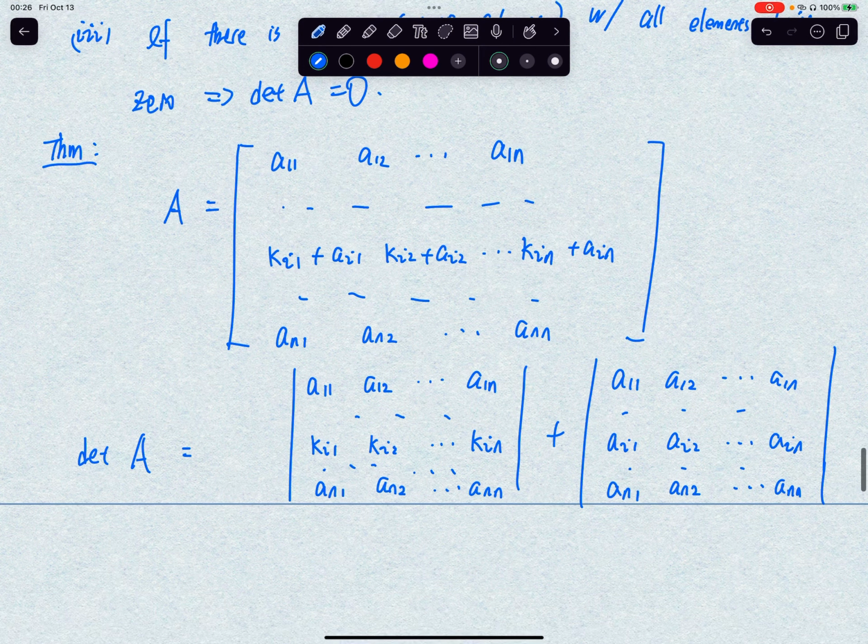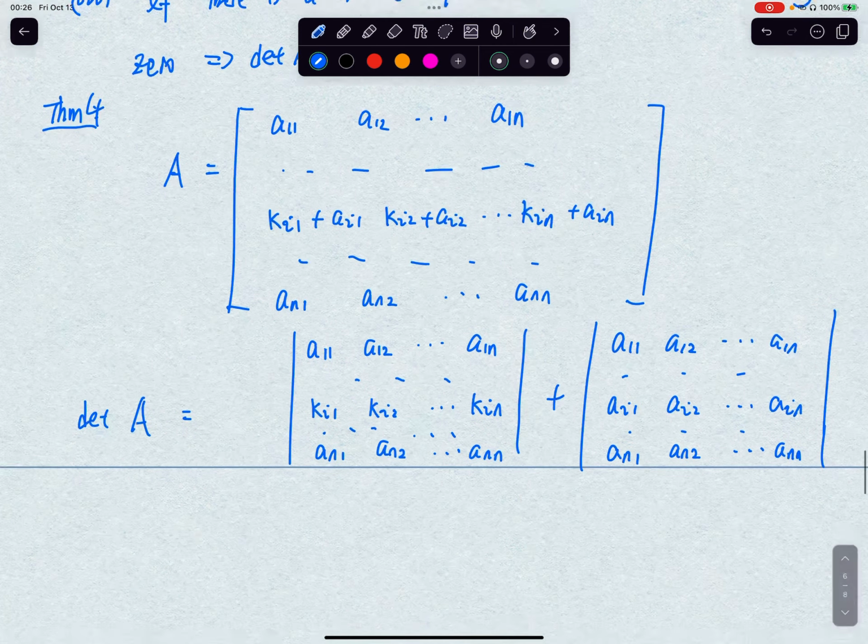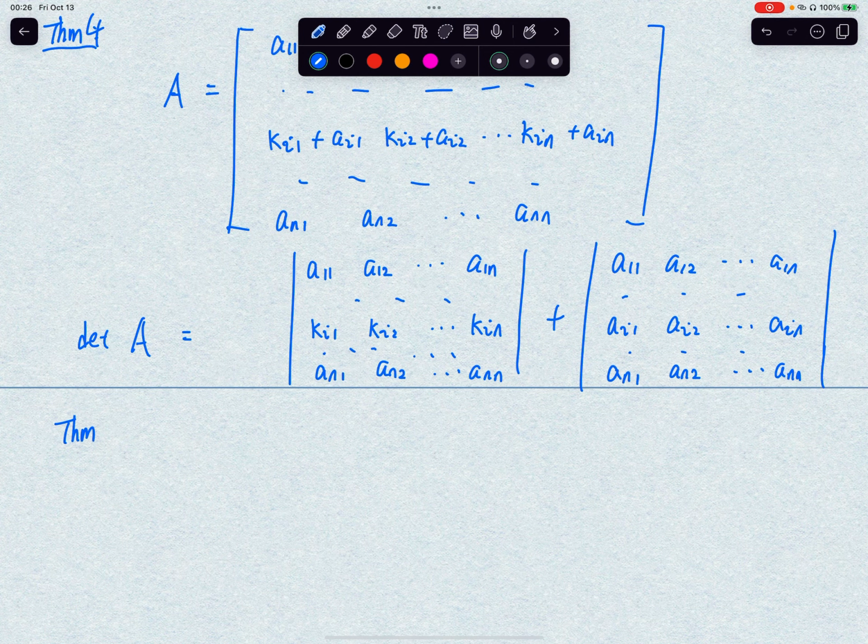So if we have a row that behaves like an addition, then the determinant of the whole could be divided in this form as long as it satisfies this condition. So we have another theorem. So this is theorem 4, and we have theorem 5.